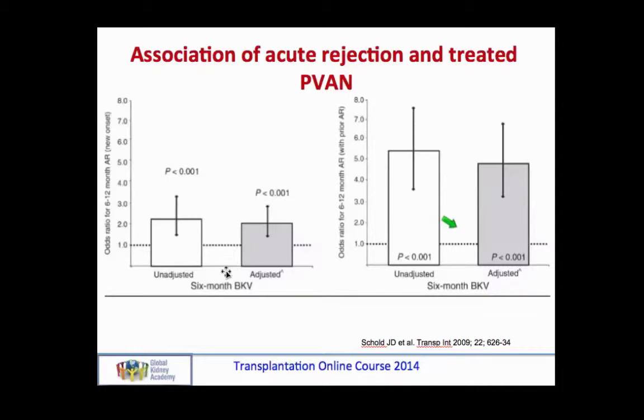So if you had BK viremia, had treatment for BK viremia, you're also associated with acute rejection. Now, whether that's due to the reduction in immunosuppression that's causing that, or whether it's an effect of the virus itself increasing the risk of rejection, isn't clear.